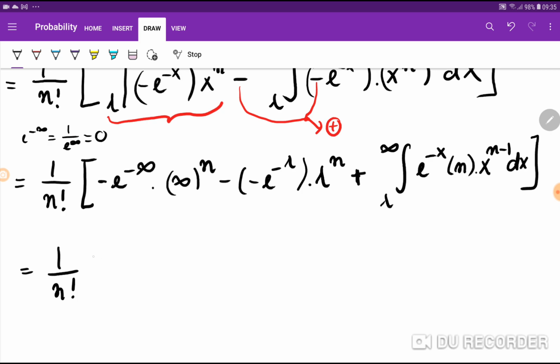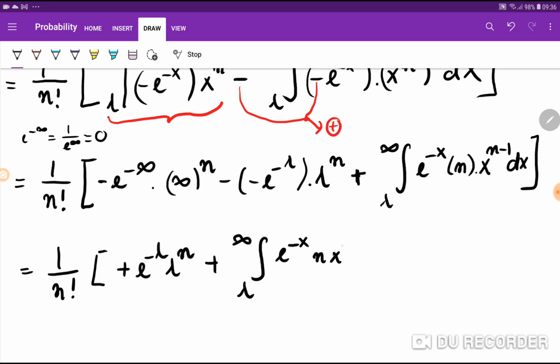So that becomes 0. The minus here is plus, so it will become plus e to the negative lambda times lambda to the n, plus the integral from lambda to infinity of n times e to the negative x times x to the n minus 1 dx.